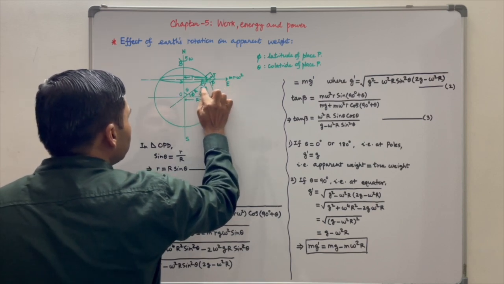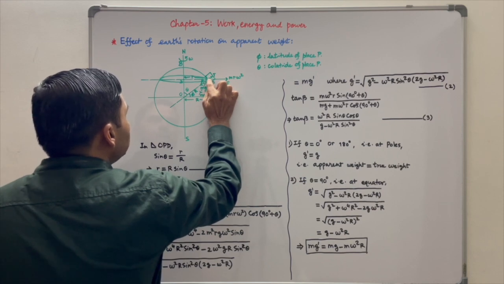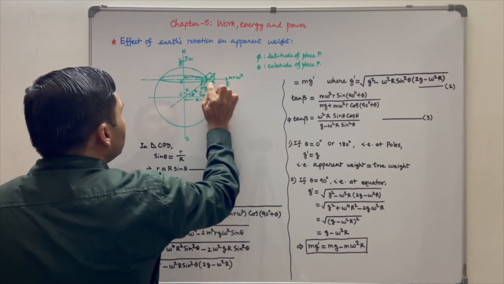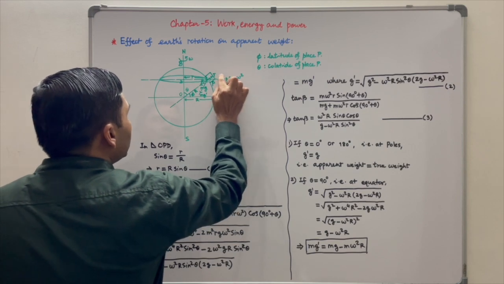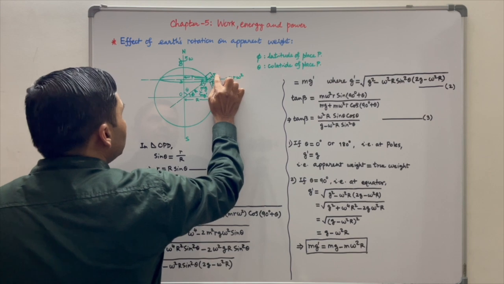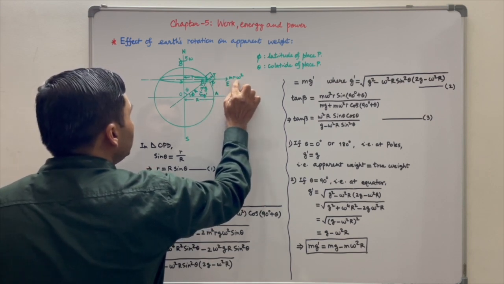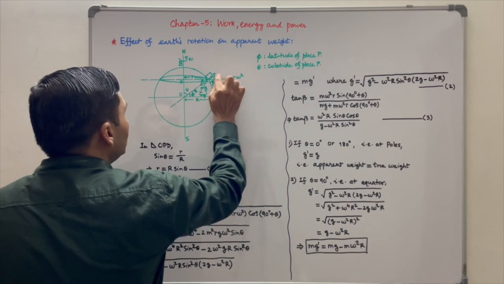It is mg. Since bob is in a state of equilibrium, there should not be any resultant force working on the bob. So resultant of mg, mr omega square and T should be 0. Alternatively, we can say that resultant of mg and mr omega square should be equal and opposite to T.